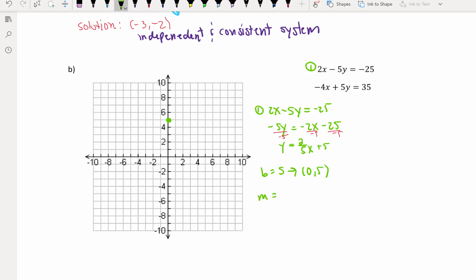My slope is 2/5, so that means I can go up 2 to the right 5, or I can go down 2 and to the left 5. So from that y-intercept, go up 2 and over 5. Or I could have gone down 2 and over 5.